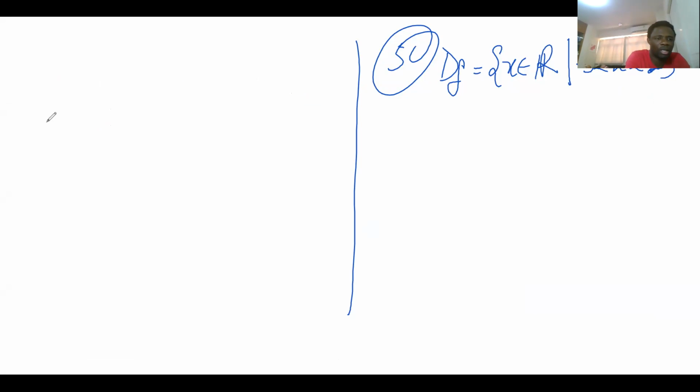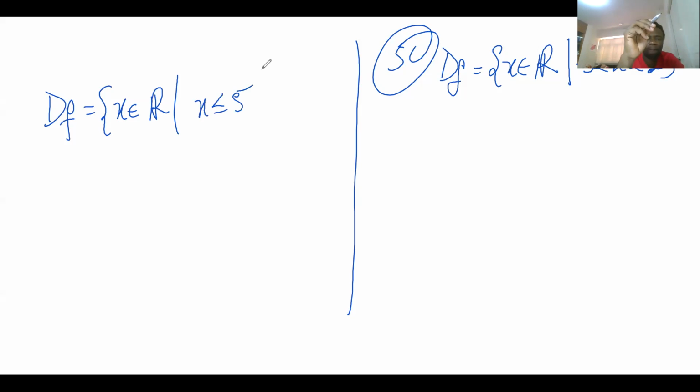So let's say the domain is the set of X in R. Then you say such that X is smaller than what? Smaller than or equal to 5. X is smaller than or equal to 5, but bigger than or equal to 2. So I write bigger now?